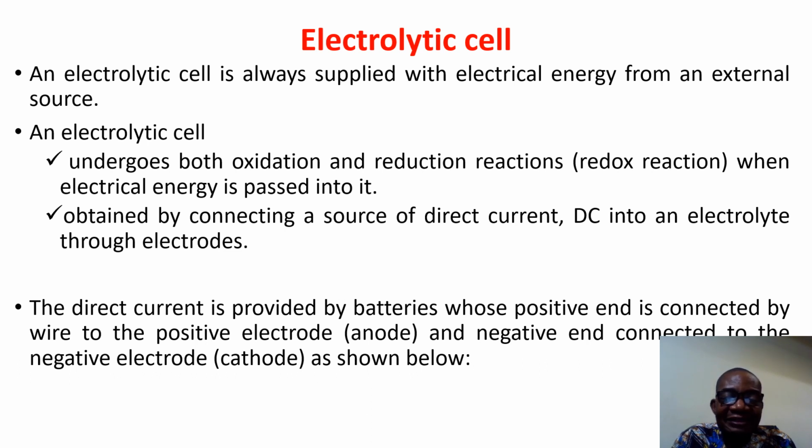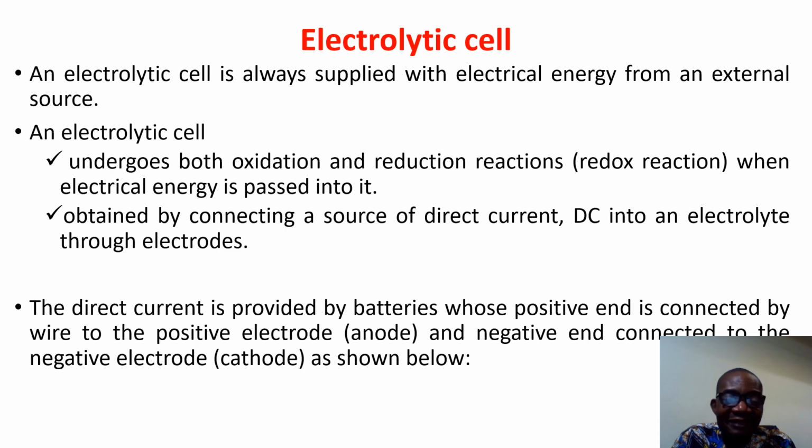So the direct current is provided by batteries, whose positive end is connected to the positive electrode. What happens in an electrolytic cell is that we have external batteries that are connected to the electrodes in the electrolytic cell.